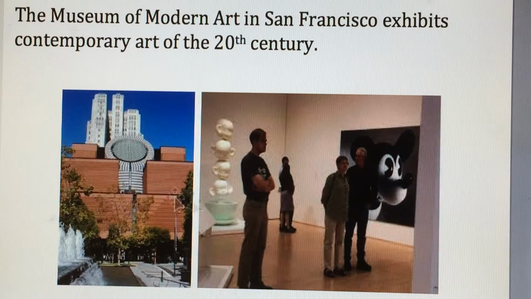Okay, you can see even the outside of the museum is contemporary. It looks modern, right? And you go inside and you see art that reflects 20th century themes and topics and issues. It's a very, very nice museum. Go visit if you have a chance.